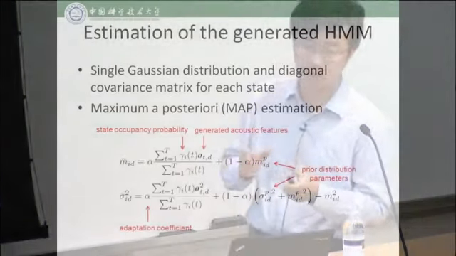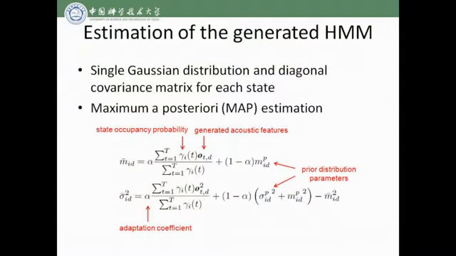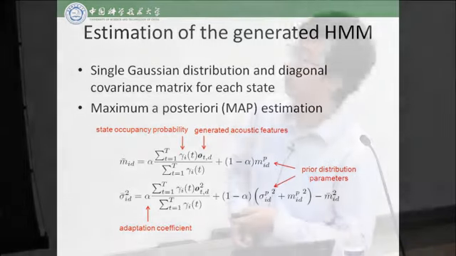The first thing is that when we generate a sentence from the hidden Markov model, we need to estimate the generated HMM according to this sentence. It's not easy because we have a data sparsity problem. We have only one sentence to estimate the HMM. Here we use maximum a posteriori estimation to estimate these HMM parameters. The mean and the variance of each state can be written as a function of O, where O is the generated acoustic feature.